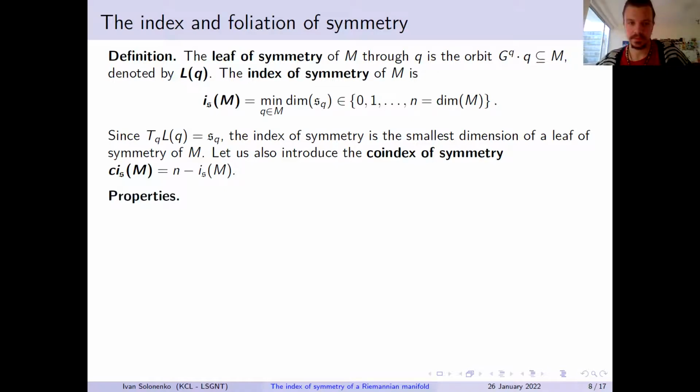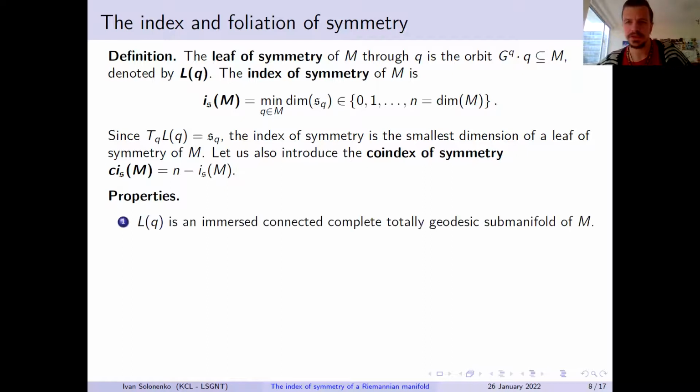Okay, and here are the main properties, which are almost all very straightforward. First of all, the leaf of symmetry is an immersed connected submanifold of M. It's immersed and connected because it's an orbit of GQ, which is a connected Lie subgroup. And next, we claim that it's complete and totally geodesic.